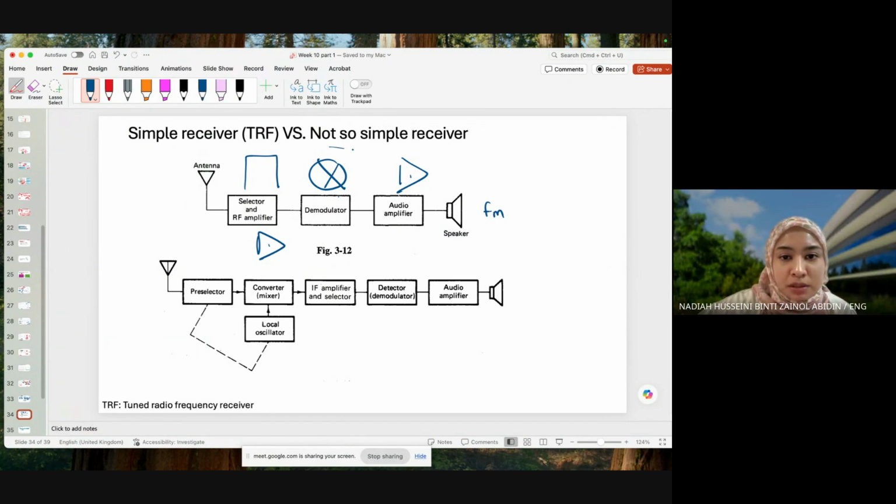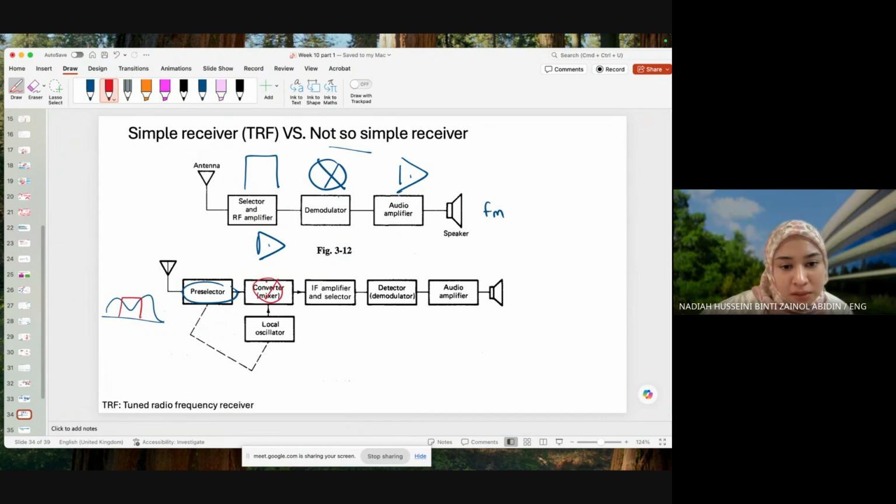Our not so simple receiver is this guy. We have a pre-selector, which means that it is going to pre-select from a mountain of frequencies. It's going to select the desired frequency, and then mix this desired frequency with a local oscillator. The local oscillator is typically a tuned circuit or sometimes a crystal oscillator. We have discussed this for VCO previously.